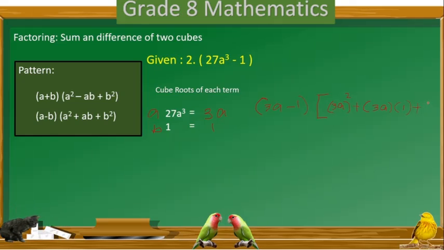We will square the value of b, that 1, then squared, then close bracket. So this is 3a minus 1, then this is 9a squared plus this one, that is 3a times 1, 3a, then this one, the square of 1 is 1. Okay, that is the final answer.